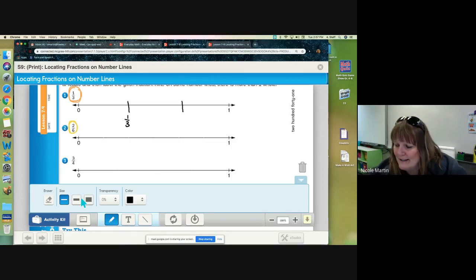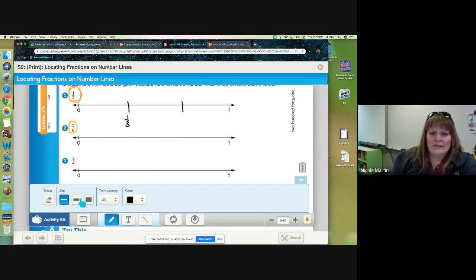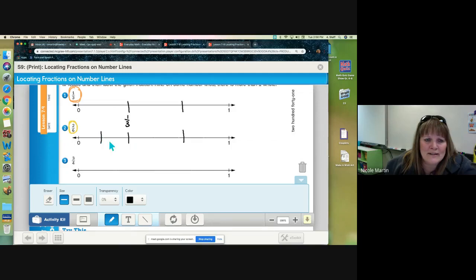So, Rory, how many equal parts would I divide my number line into? Yeah, you got it, Rory, 6 parts. So I like to divide my number line into my 3 parts, just like I did there. And then I'm going to split this one, and I'm going to split that one, and I'm going to split that one.